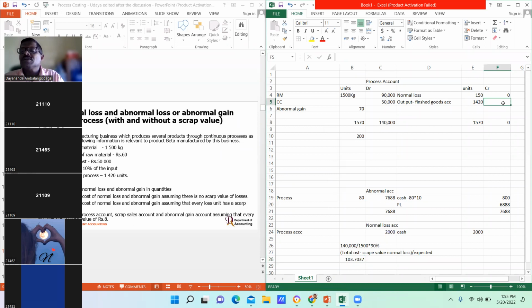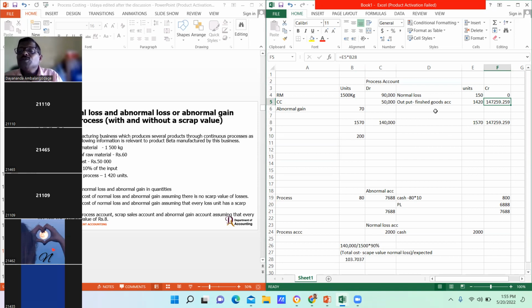So we can put the unit cost here. You can value the inventory. How do you value it? This unit multiplied by the unit here. So that is the answer.